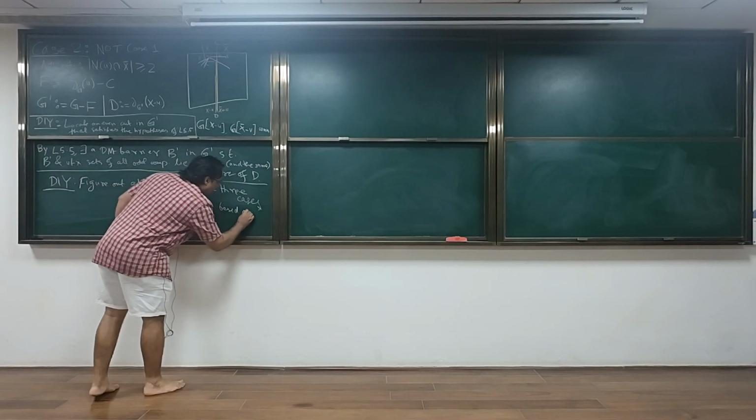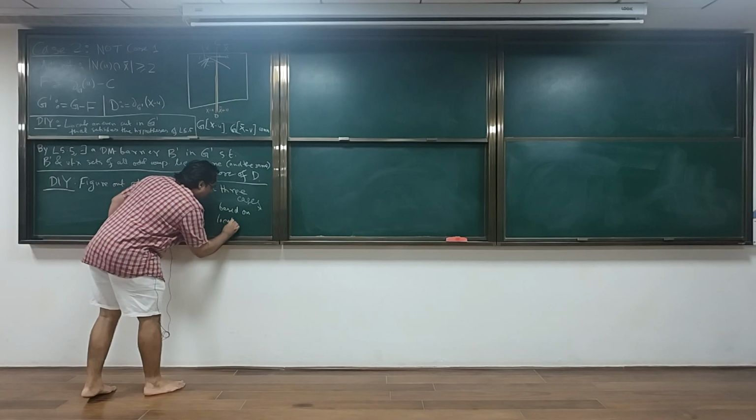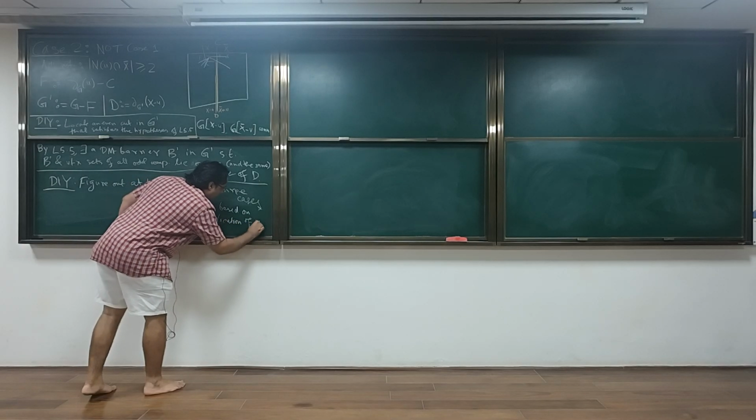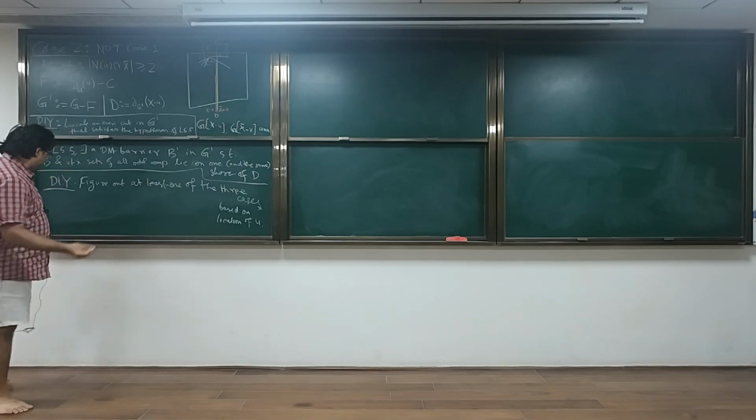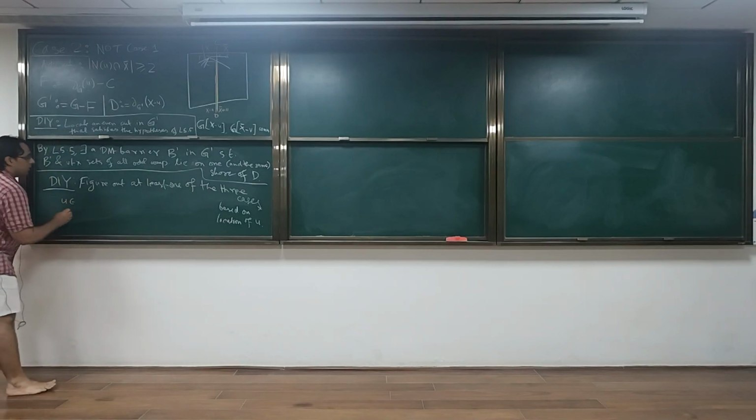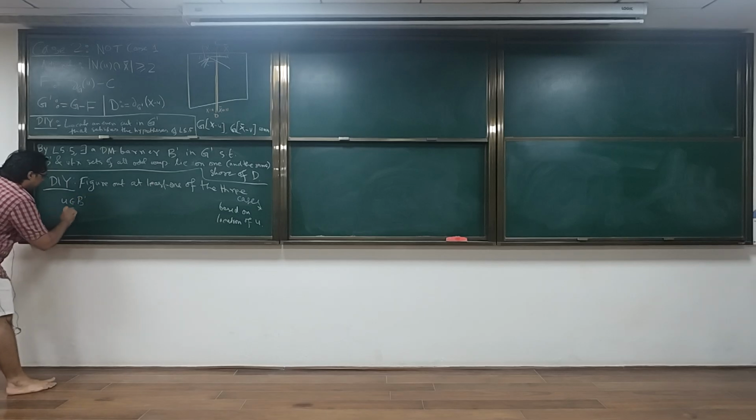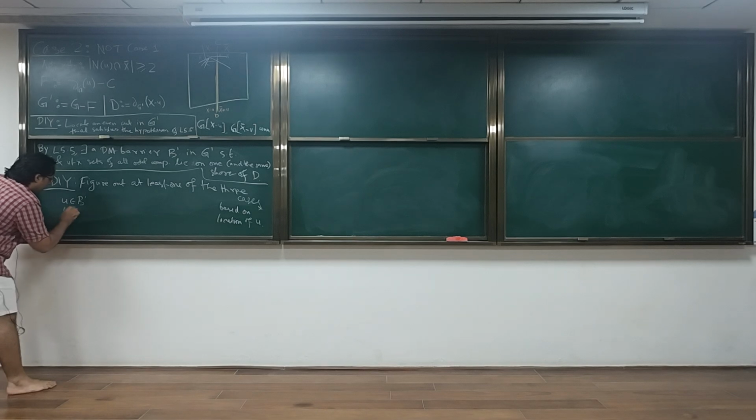Based on the location of u, maybe I'll write it down. u belongs to B prime. u is a vertex of an odd component.